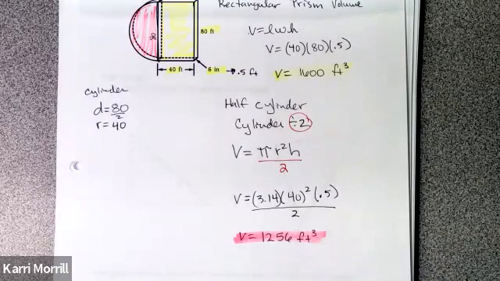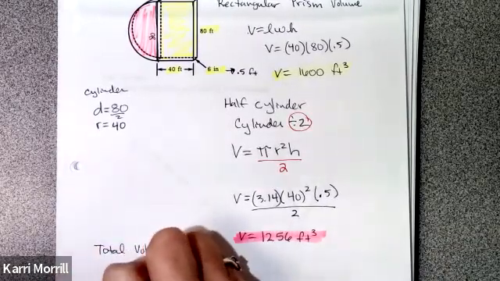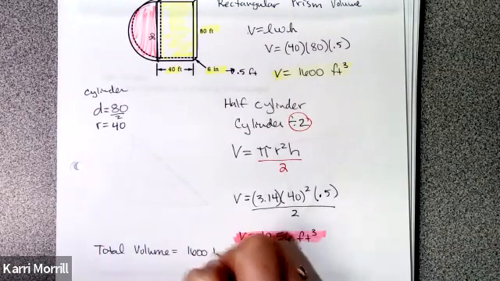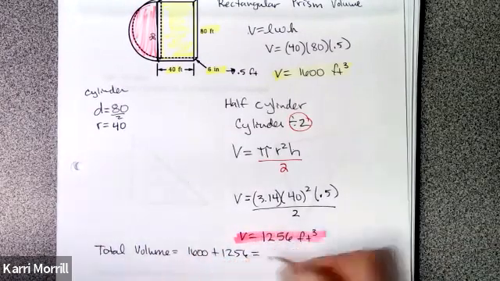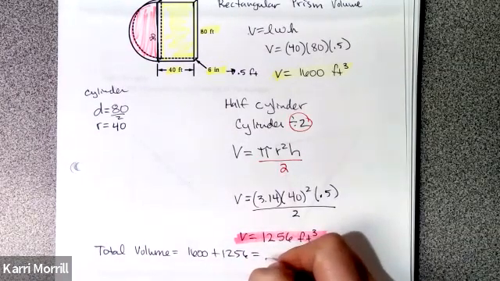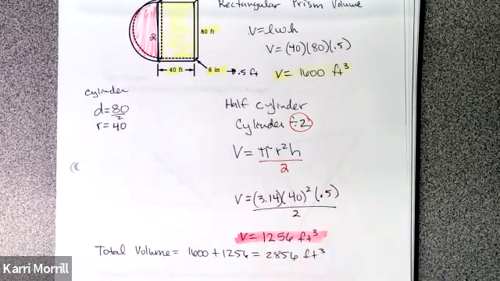So for the total volume of this concrete, we have to find that first. Total volume would be adding those together. So 1600 plus 1256 would be what? 2856 feet cubed. But they asked us really what's the cost.